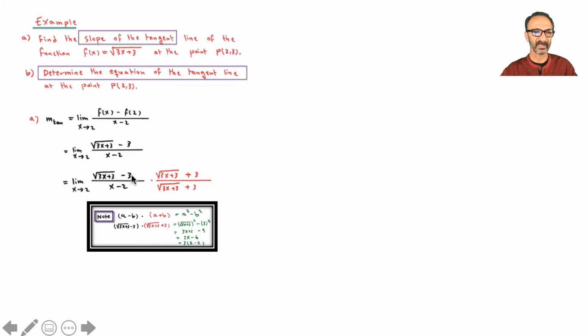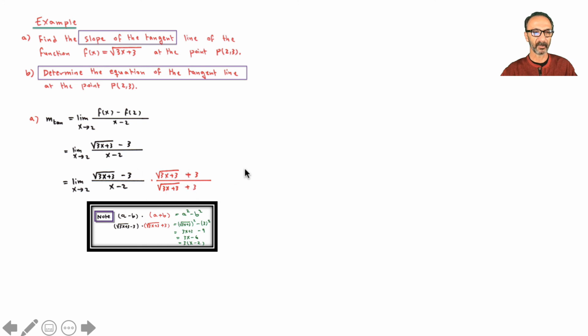Well, b is 3, it's going to give you a 9. It's 3x plus 3 without the square root, minus 9. Simplify, you get 3x minus 6. Factor the 3 out, and you get 3 times x minus 2.